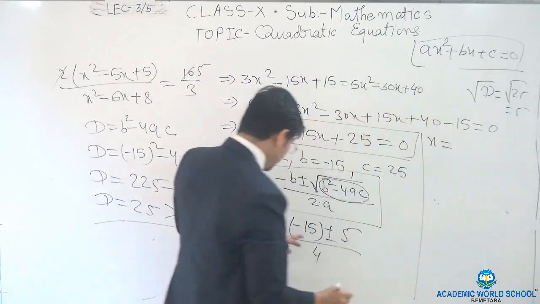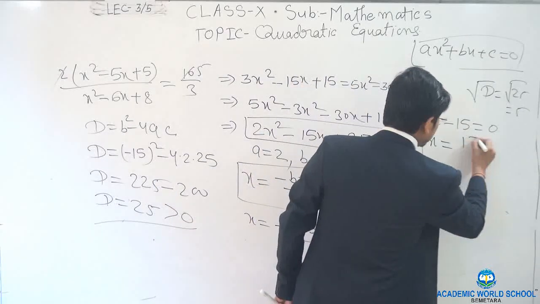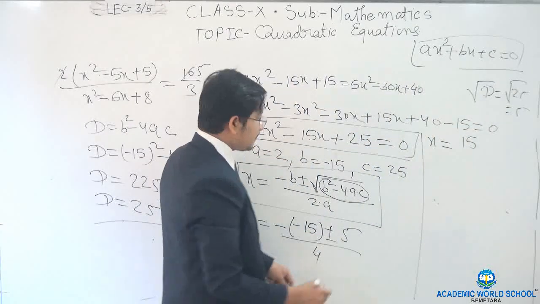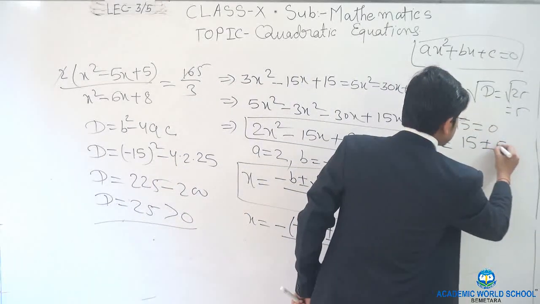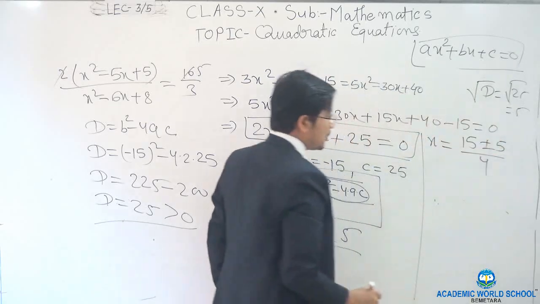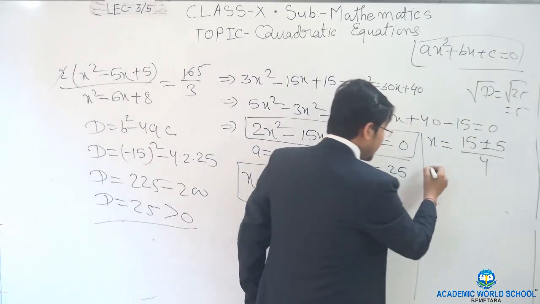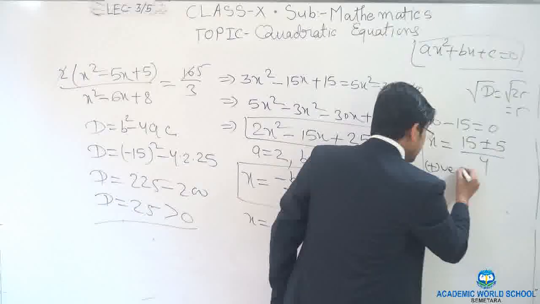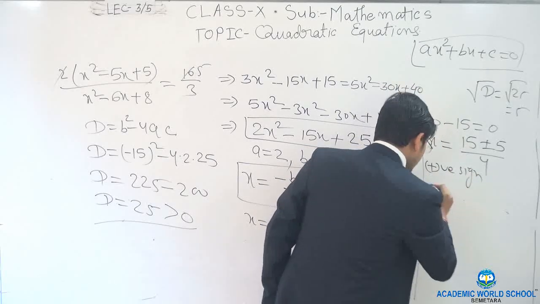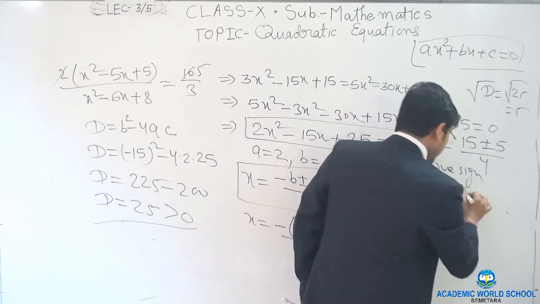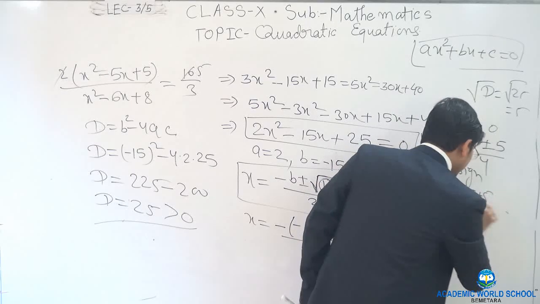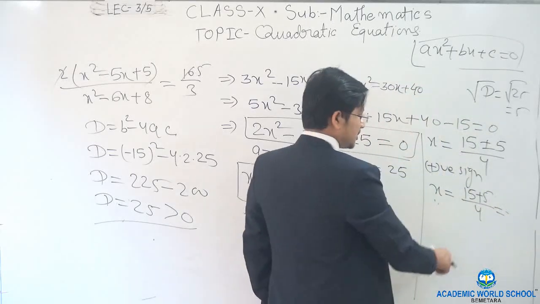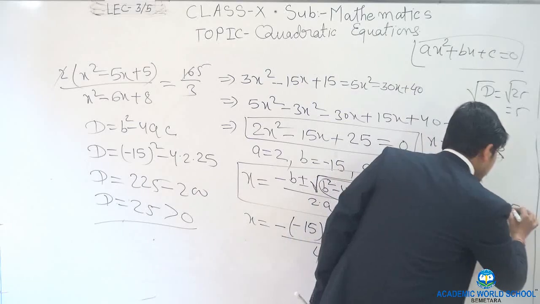X is equal to, this will be plus 15, then plus minus 5 upon 4. So we are going to take positive sign first, and then solve. So X is equal to 15 plus 5 upon 4. So this is 20 upon 4 is equal to 5.